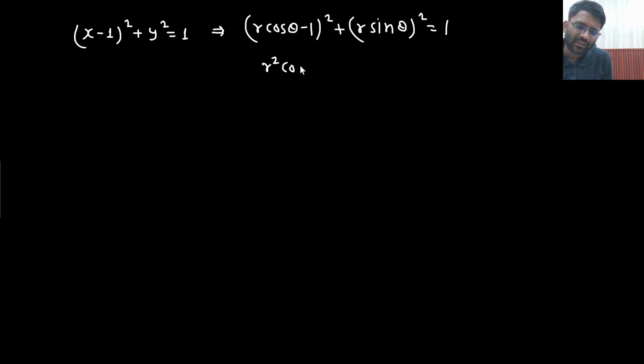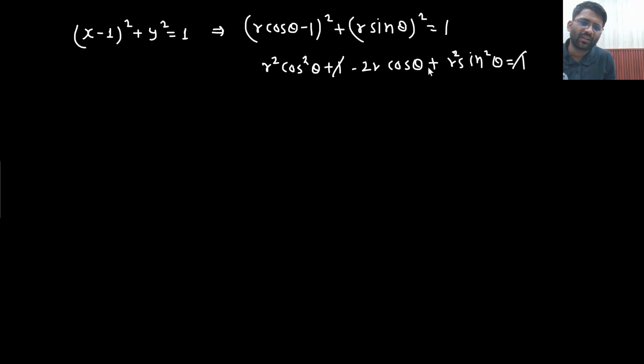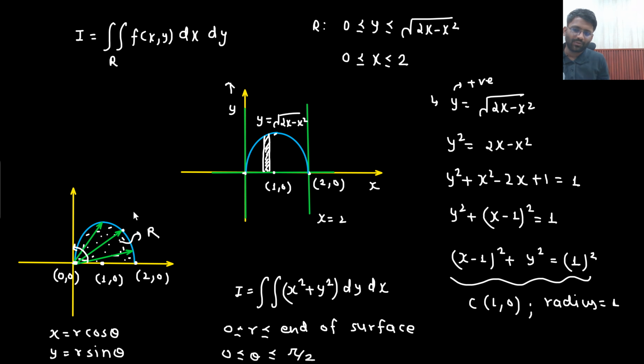So r square cos square theta plus 1 minus 2r cos theta plus r square sin square theta equals 1. So 1 and 1 get cancelled out. r square sin square theta plus r square cos square theta will become r square only, equals 2r cos theta. r and r get cancelled out, r is 2 cos theta. So r is going from 0 to 2 cos theta.